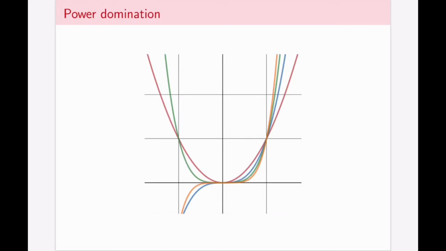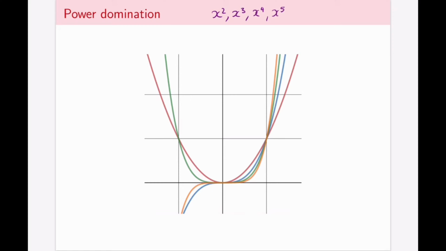Power domination is an extremely handy tool for discussing power functions and then by extension polynomials, rational functions, and so on. So this is something that we're going to be using throughout. What we have on this graph are the functions x squared, x cubed, x to the 4th, and x to the 5th.